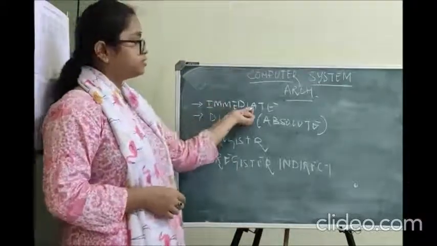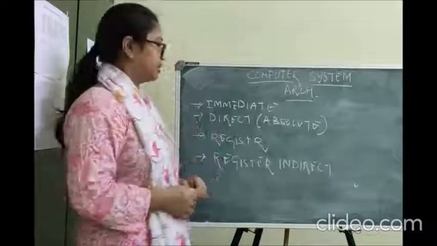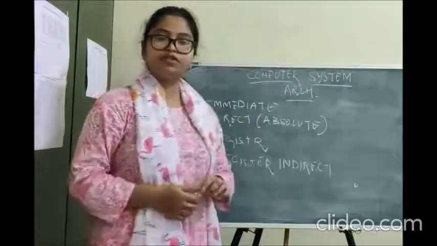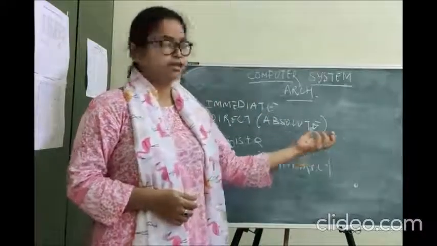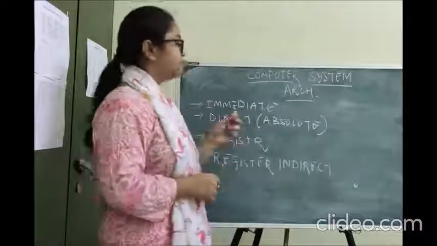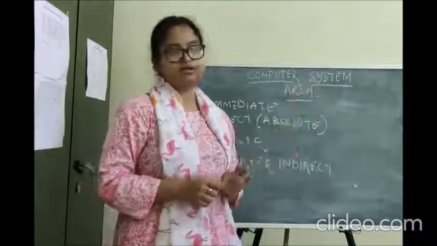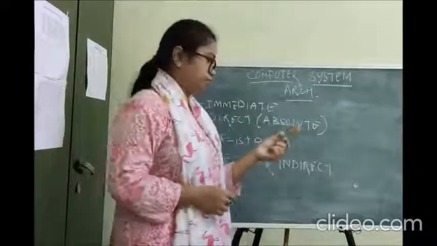In immediate addressing mode, the operand is directly provided in the instruction itself. In direct or absolute addressing mode, the effective address, that is the address where the operand is, is directly provided in the instruction. That's why it's called absolute addressing mode.